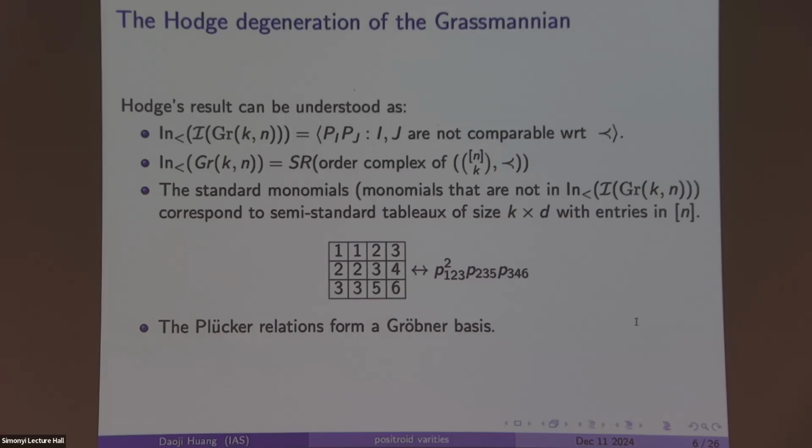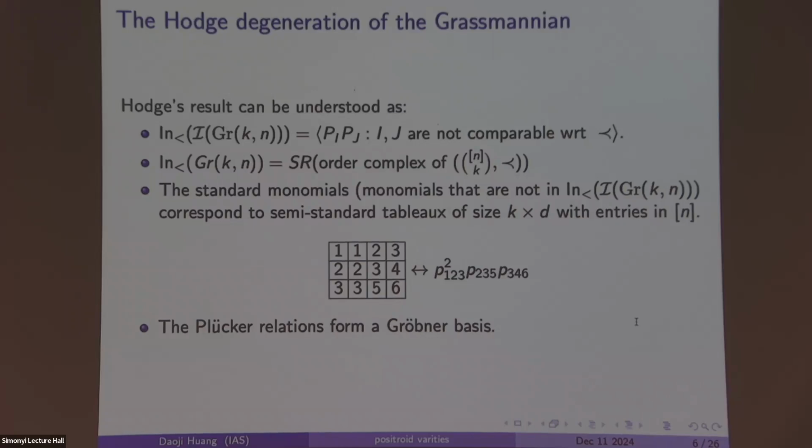In particular, they can repeat. If I write it like this, it is an object called a semistandard Young tableau. Let me remind you what that is. It's a filling of boxes with numbers such that the numbers strictly increase in this direction and weakly increase in that direction. And under the Rev-Lex order, the Plucker relations form a Gröbner basis.